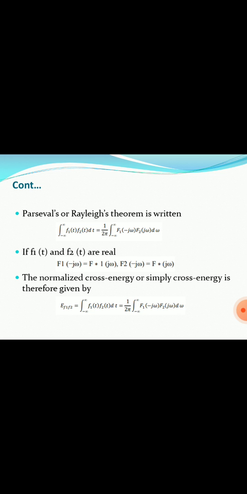The normalized cross energy is given by E f1 f2 equal to integral of f1(t) f2(t) dt equal to 1 by 2 pi integral of F1(minus j omega) F2(j omega) d omega. This is the normalized cross energy of the two signals.